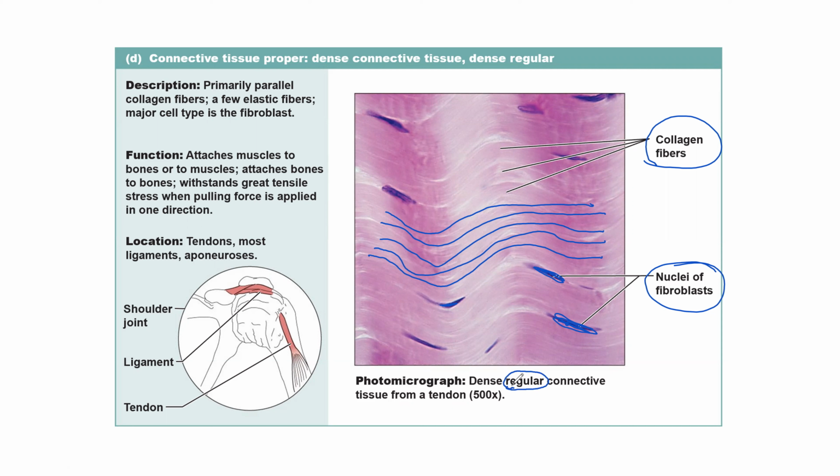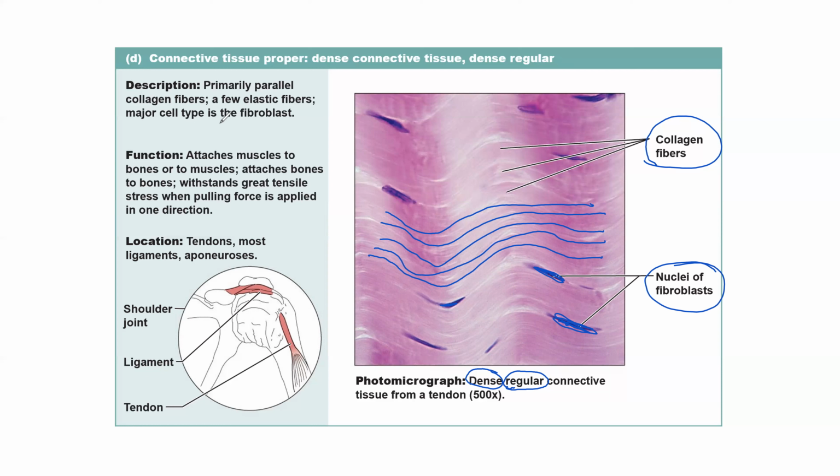Regular refers to fibers that are oriented parallel to each other, and dense refers to those fibers being close to each other. So we have lots of density, lots of those fibers in the extracellular matrix. So description: primarily parallel collagen fibers, few elastic fibers.